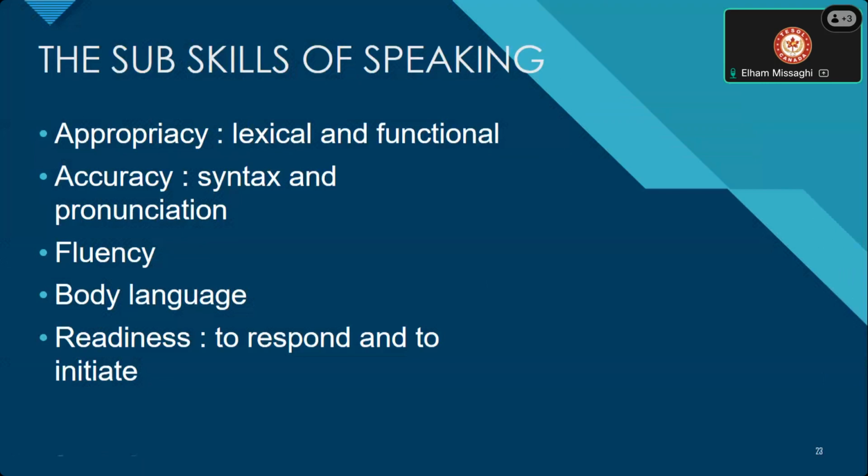Even the pace, they need exposure. So for a foreigner, everyday videos, podcasts, and audios help them become better, more fluent, and more accurate in speaking.